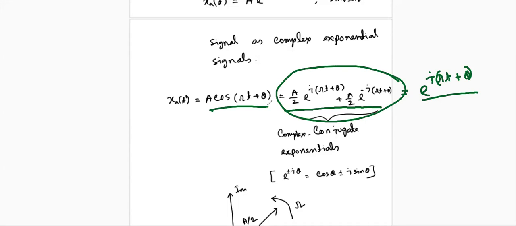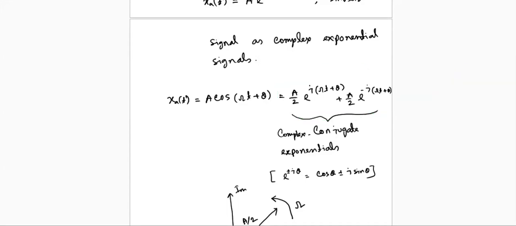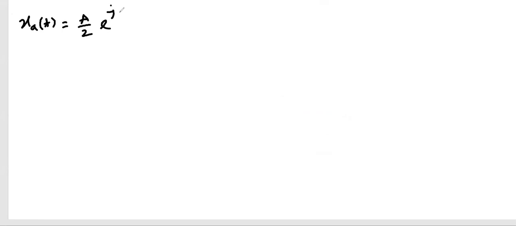Let me give you a graphical representation, which will always help us in a better way. Let me write the equation first. x(t) equals a by 2 e to the power plus j omega t, I'm neglecting the theta, plus a by 2 e to the power minus j omega t.